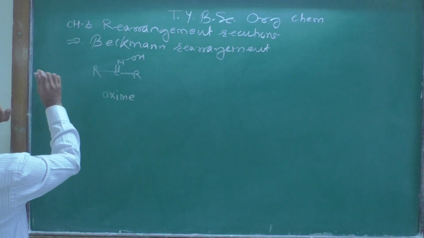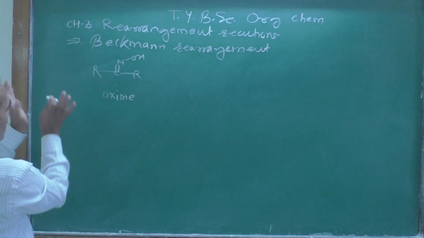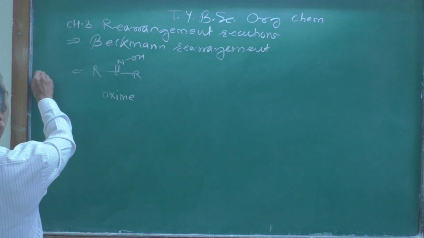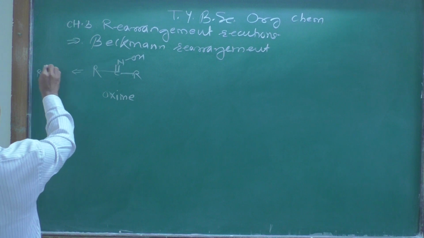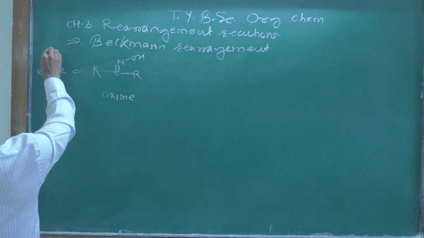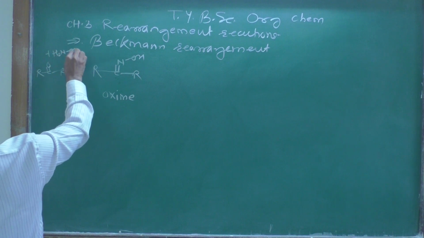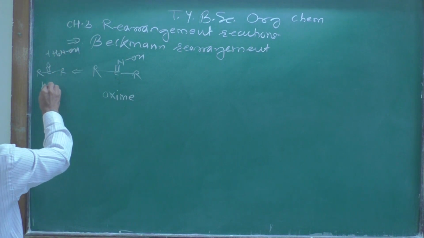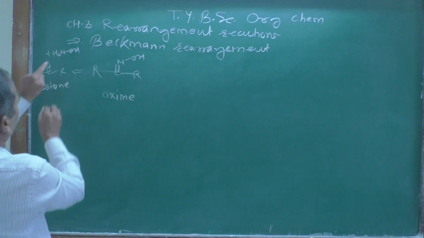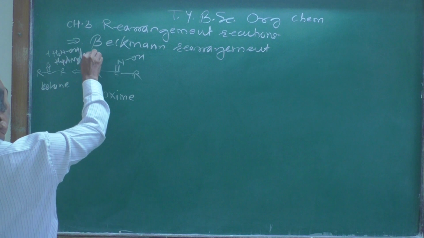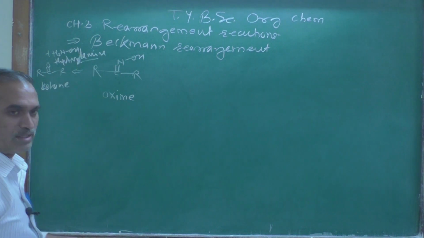And this oxime, if you do a retrosynthesis, we already know that, right? If you look at the retro of this, you are going to get the ketone R2C=O, plus another one, H2N-OH. Look at this: this one is a ketone, and this one is a hydroxylamine, so this is an ammonia derivative.